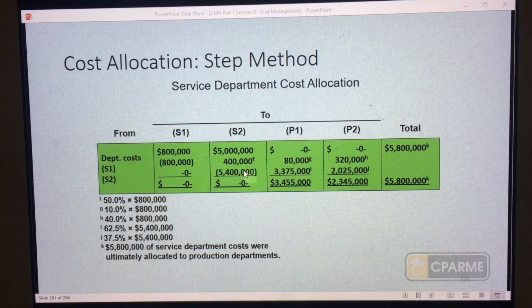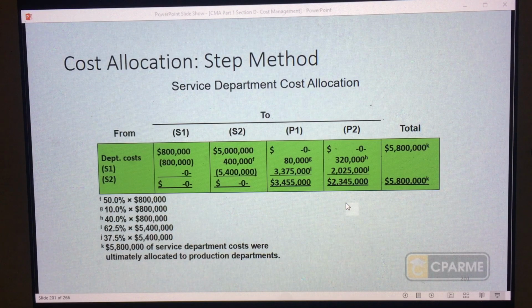And then once you have allocated the entire 800,000 to S2 and all the others, wala ka nang ibabalik sa kanya. Ang i-allocate mo naman this time will be the cost of S2. Tama. Yan. If you see there, the 5,400,000 will be allocated now to P1 and P2.